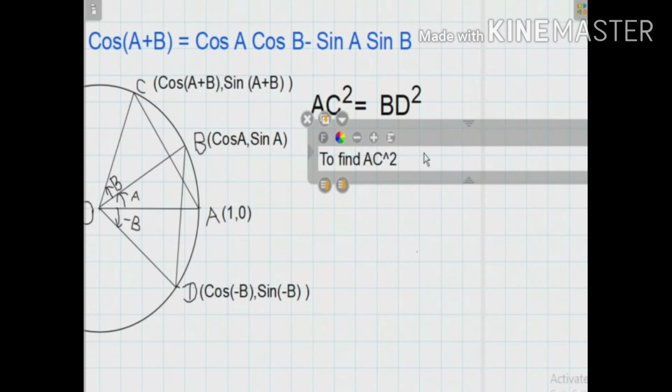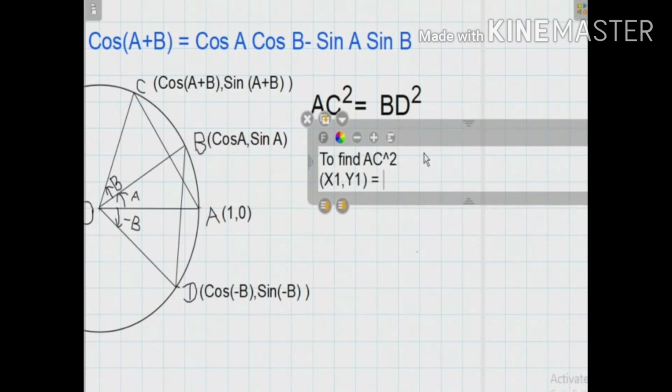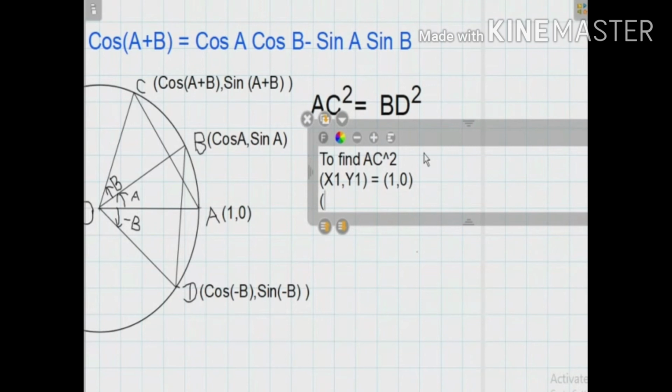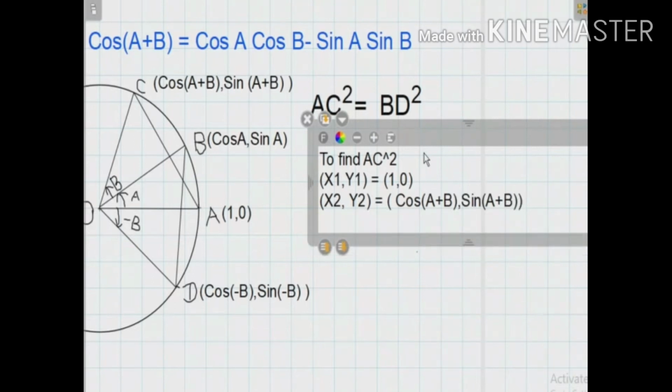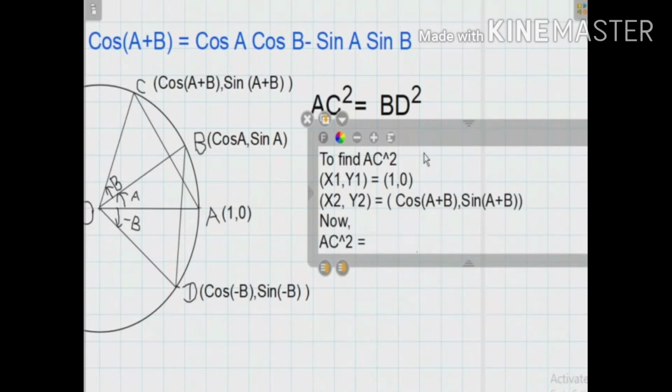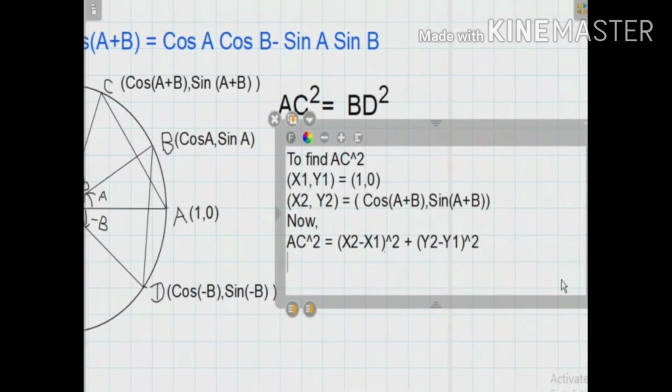To find AC square, let's take the coordinate of point A, (1, 0), as (x1, y1), and the coordinate of point C, (cos(A+B), sin(A+B)), as (x2, y2). And then what the distance formula says is d square is equal to (x2 minus x1) square plus (y2 minus y1) square.